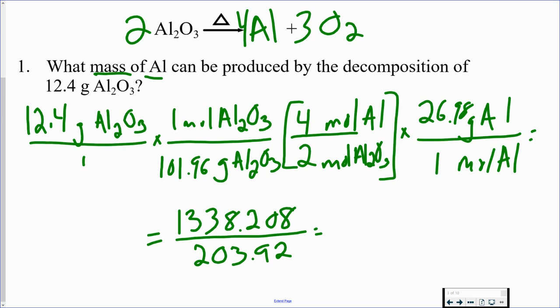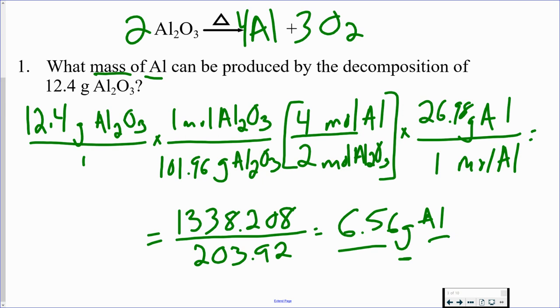Now what we're going to do is make one division problem, and our final answer is going to be 6.56 grams aluminum. Notice how I got my number with the correct number of sig figs, my unit, and my label. All of those were shown throughout the entire mathematical process.